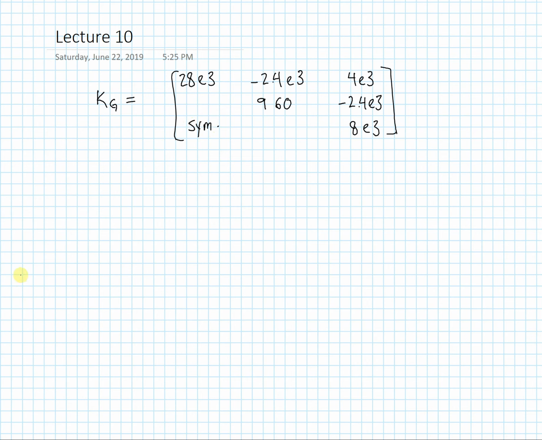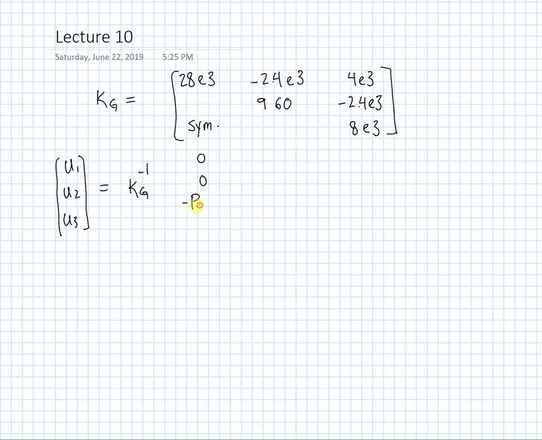That's what we have. So now that I'm interested in finding out what the deformations are, I can list my vector of deformations. U1 through U3 is equal to K global inverse times my externally applied forces.